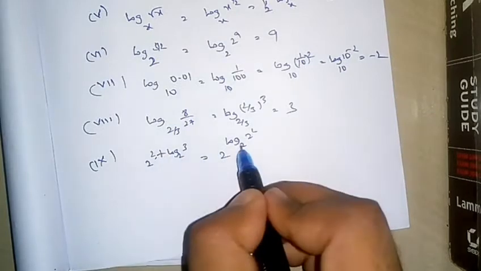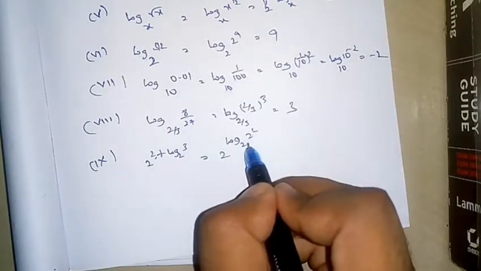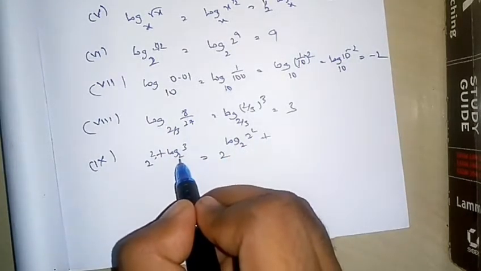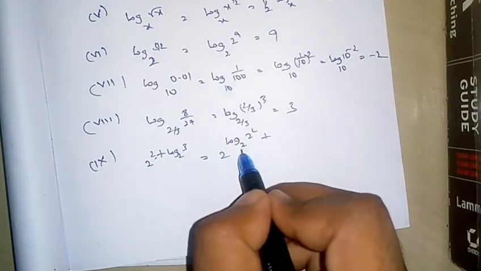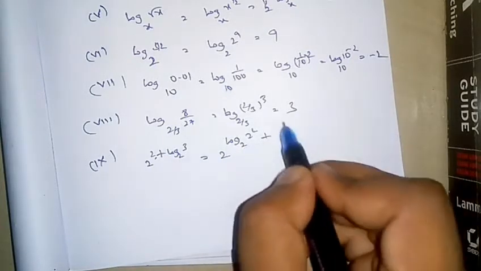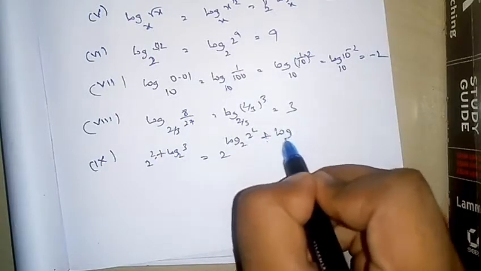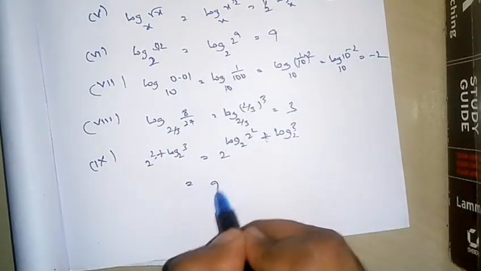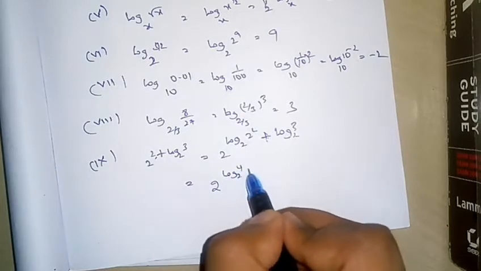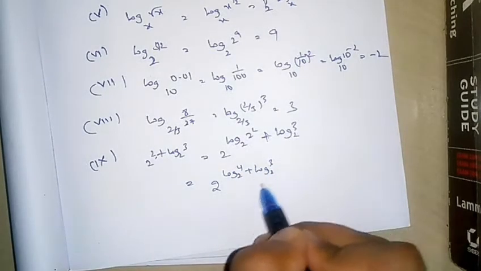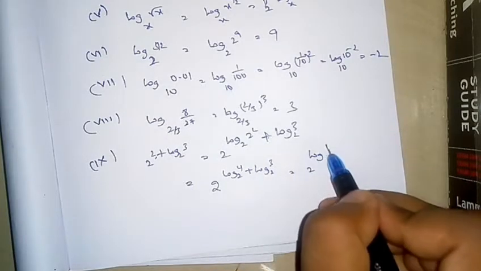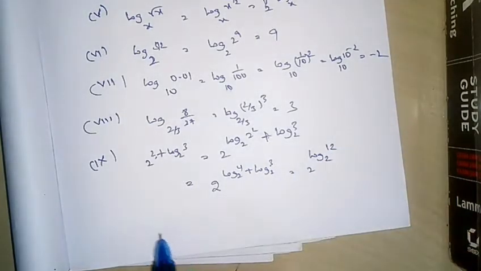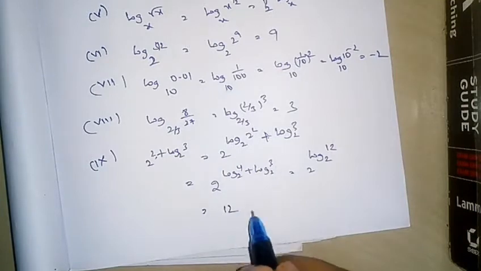Since the second term is in base 2, the first term should also be expressed in base 2. So this is 2 power log 4 base 2 plus log 3 base 2, which will be equal to 2 power log 4 times 3, which is 12, base 2. This will be equal to 12.